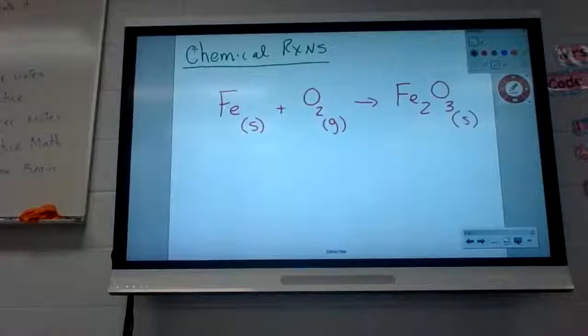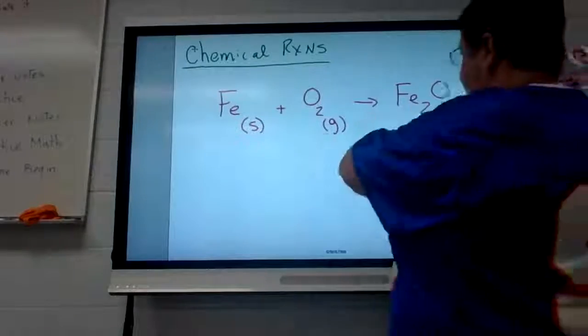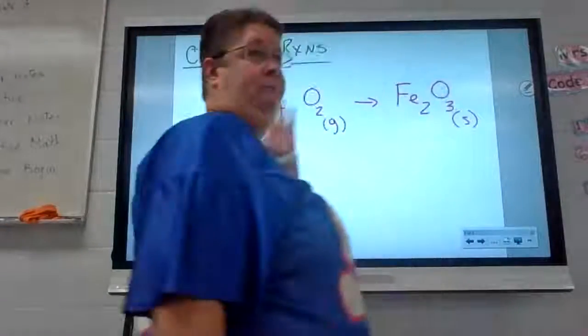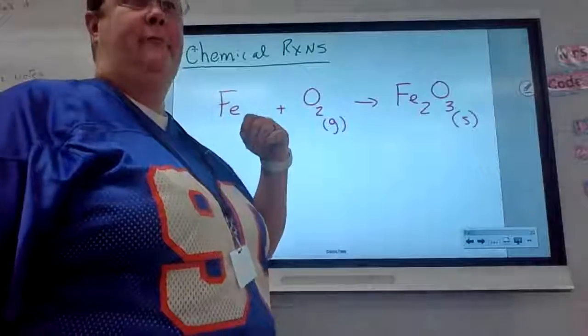All right, there are subscripts. We'll talk about what that tells us in a minute. What else? There's three major parts up there that I want to hear the words for. The left side, the right side, and the arrow. Products are one. Where are the products at? The right.